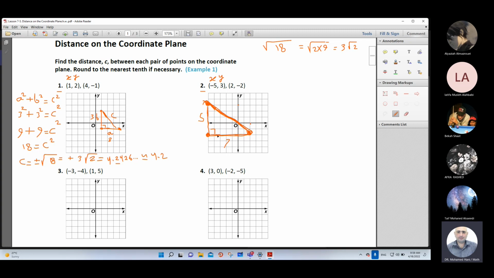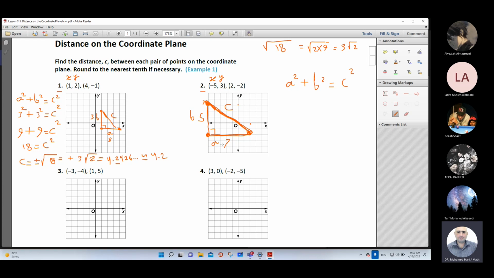Then we have a right triangle, so we can use the Pythagorean theorem to find c, the hypotenuse. So write the rule: a squared plus b squared equals c squared. For example, this is a and this is b.